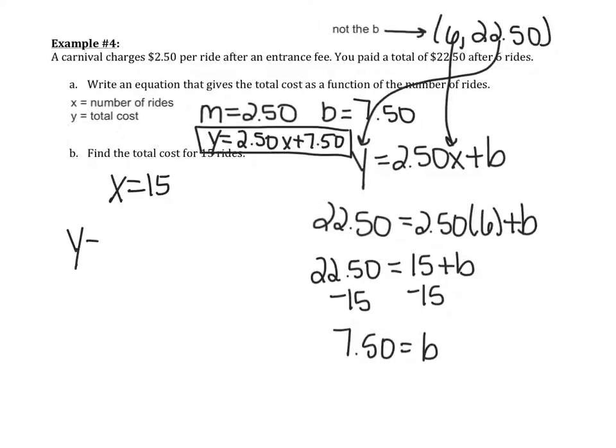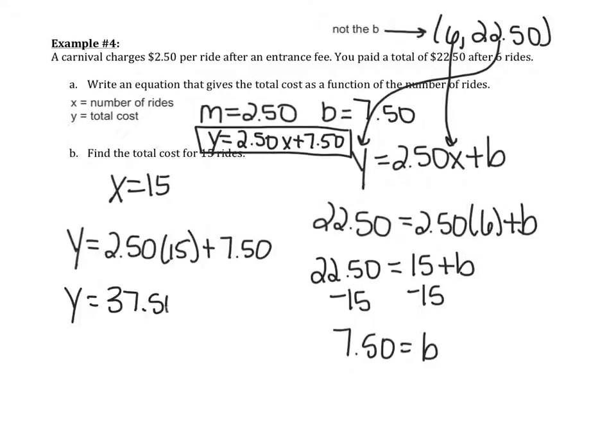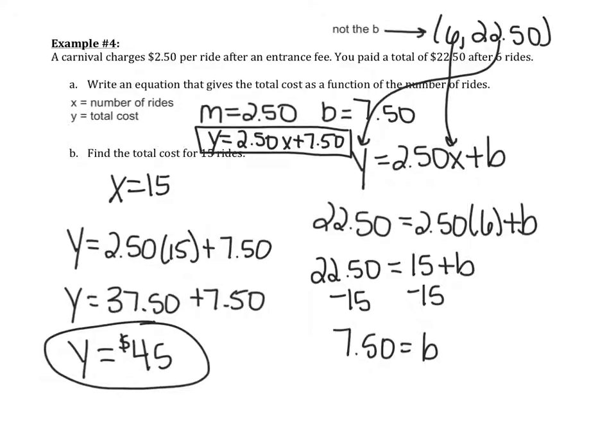So I'd have y equals $2.50 times 15 plus the $7.50 for the b that I found. $2.50 times 15 is $37.50 plus the $7.50 that I found for the b. Adding those two together, I get a grand total of 45. And again, this is money, so it'd be $45. So again, it would cost $45 to ride the carnival rides 15 times.